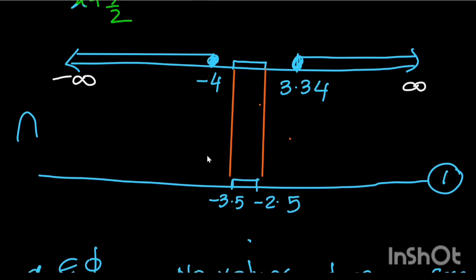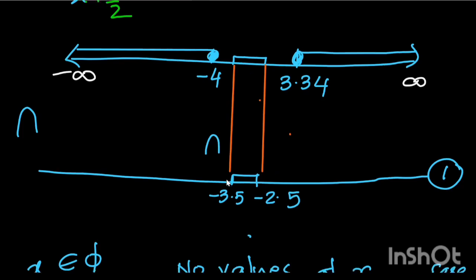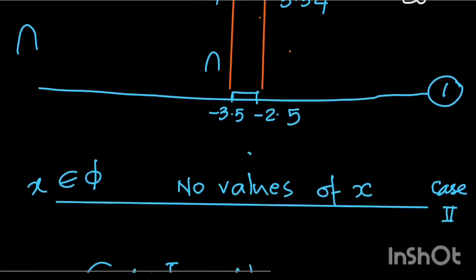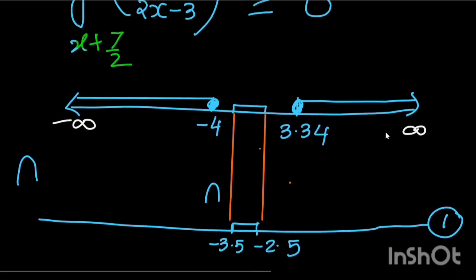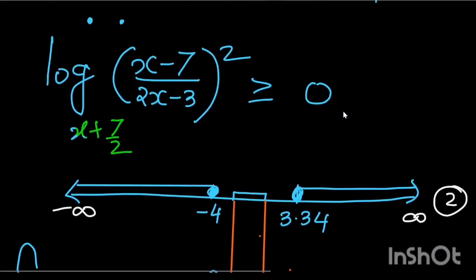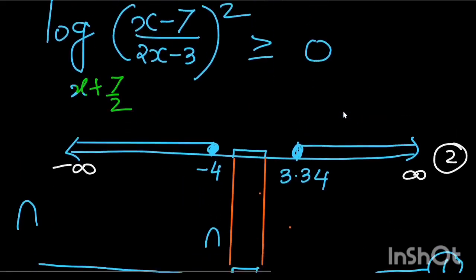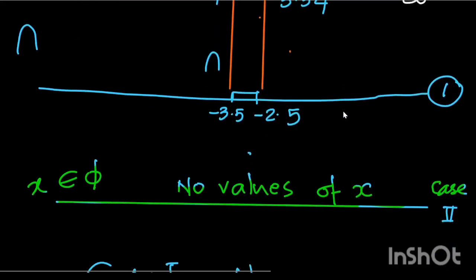So if you take the intersection, we will get no values of x from the intersection of the first and the second. The second was obtained by solving the same logarithmic equation. So no values of x.